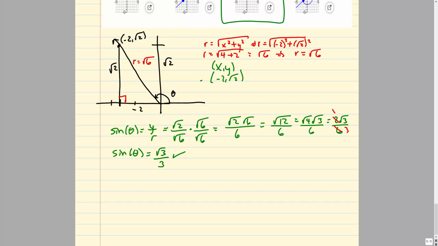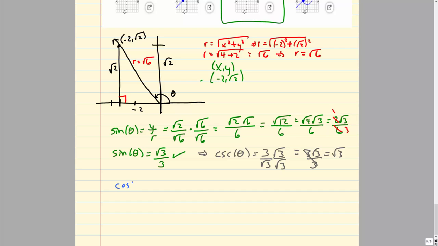Okay? Now right away from here I'm just going to look at our reciprocal. The reciprocal of sine is cosecant. So the cosecant of theta is going to be, I'm going to flip that, it's going to be 3 over root 3. I rationalize again, and I'm going to get 3 root 3 over 3, which cancels, so I'm left with root 3.